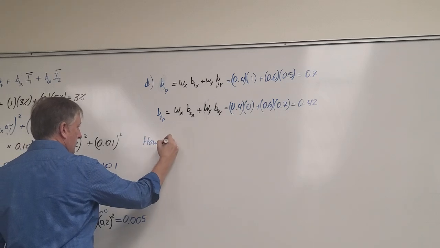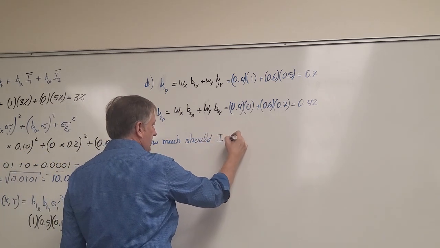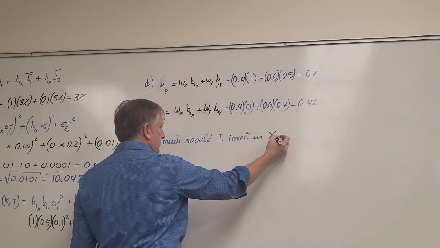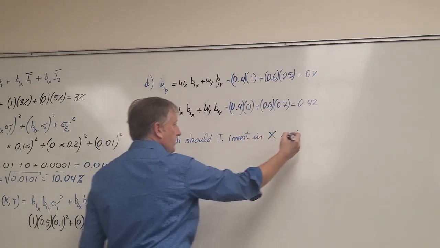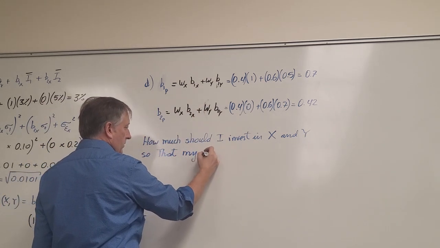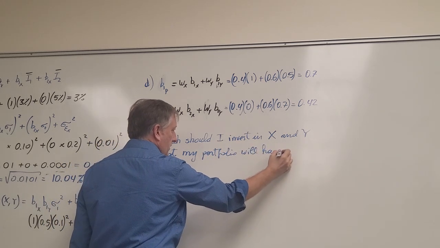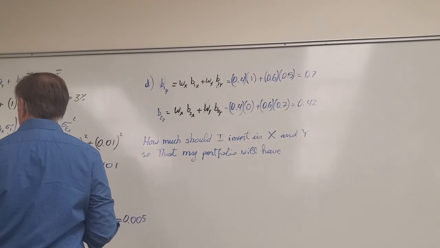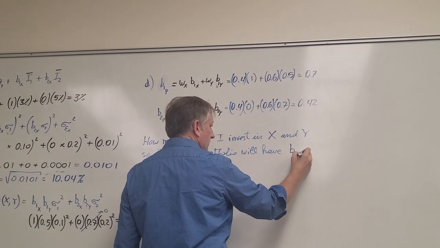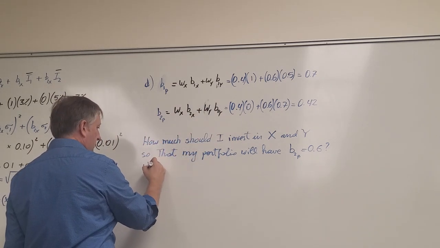How much should I invest in X and Y so that my portfolio will have a beta 2 of 0.6? And then the follow-up question is, what is the beta 1 of this portfolio?